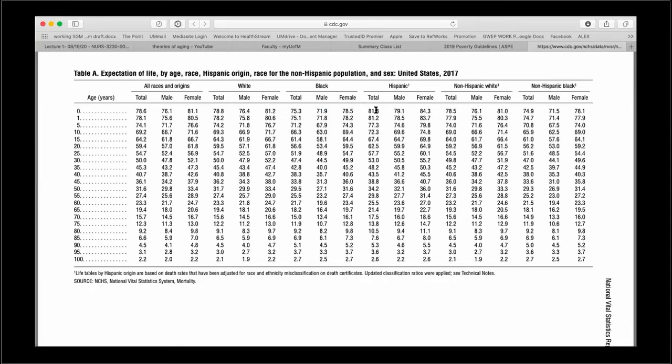And then we can look over here and ask, who has the longest life expectancy in this graph? Probably a woman, right? Female. 78, 81. Oh, okay, that's pretty high. 84, 84.3. So I would conclude from this that a person born in 2017 who has the longest life expectancy per this would be a female Hispanic person. Interesting, huh?